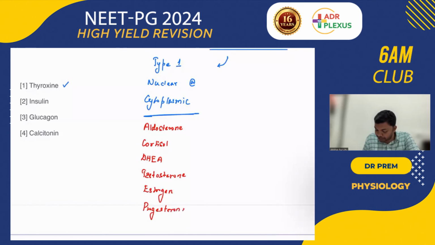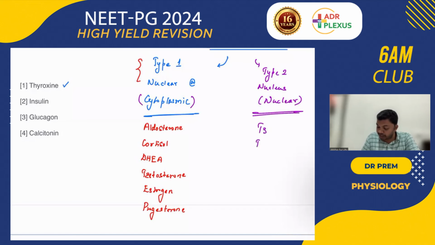So they're all cytoplasmic receptors, also called type 1 nuclear receptors. In other words, there are type 2 nuclear receptors, which are located exactly within the nucleus itself. The hormones using this pathway are triiodothyronine, tetraiodothyronine, vitamin A retinoic acid, and vitamin D3 cholecalciferol.